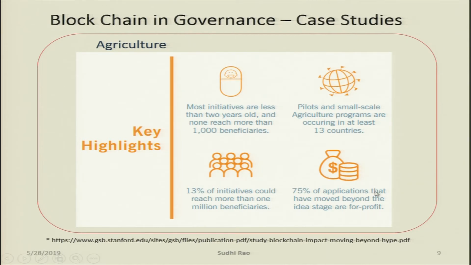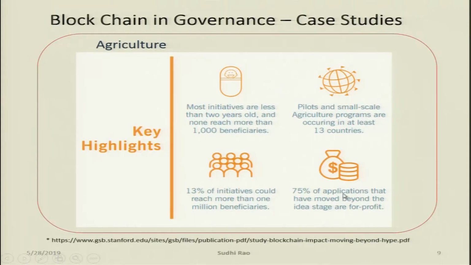75% of applications have moved beyond the idea stage to for profit. So, they are for profit applications. There are a lot of organizations in India also which are for profit organizations, but they are working in the agriculture sector. They are trying to provide better input to the farmers, so that farmers can increase their yield. With various contracts, these companies will increase their yield and buy the yield from them, to provide them the best market, the best prices for their product.